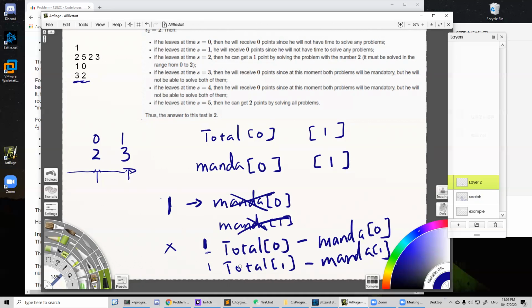And as for the hard problem, we don't have enough time to solve it, so we just skip it.